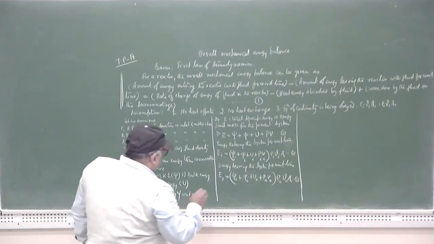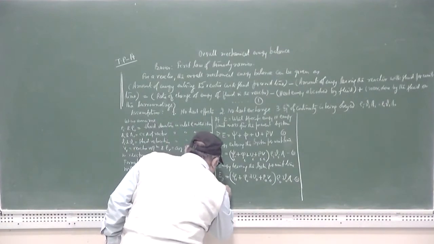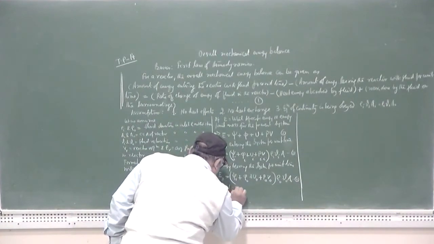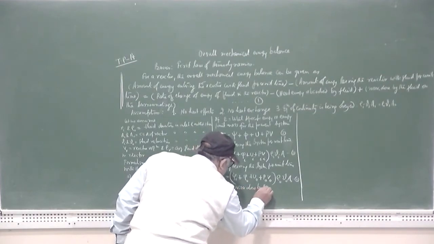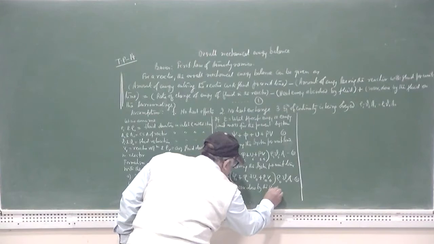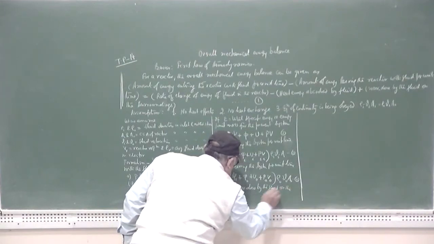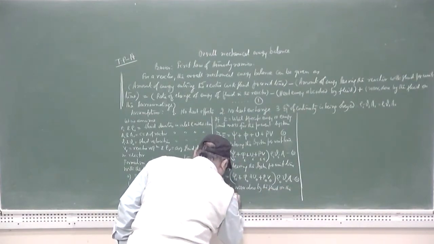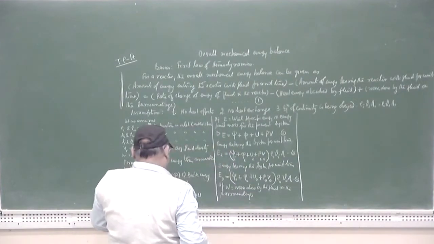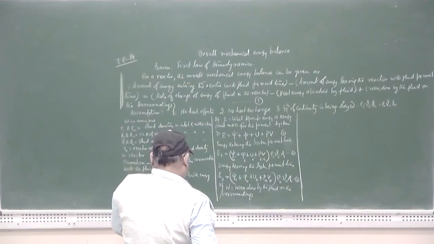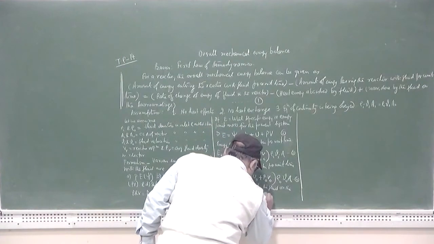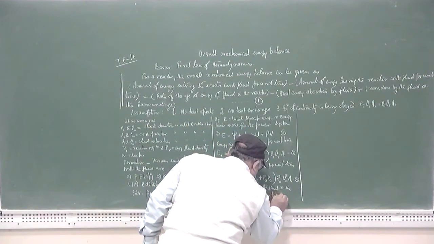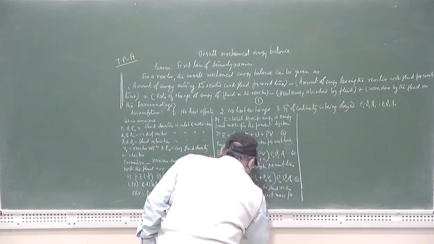Now, let us suppose W is the work done by the fluid on the surroundings, per unit mass per unit time.